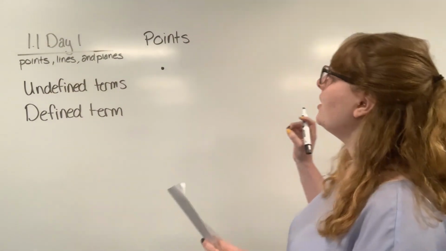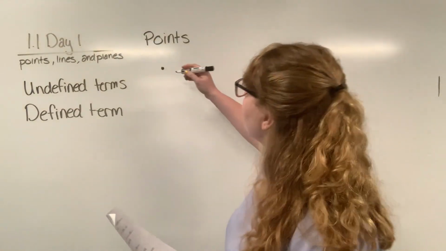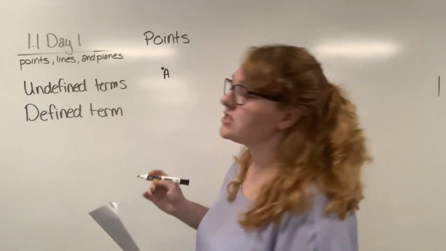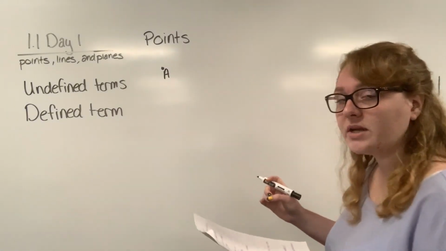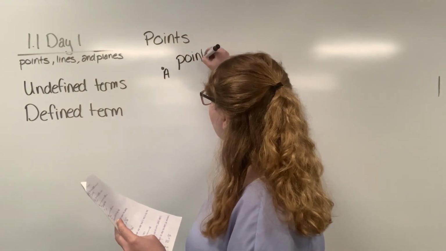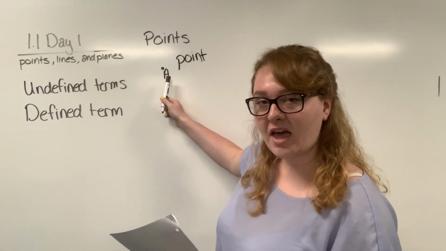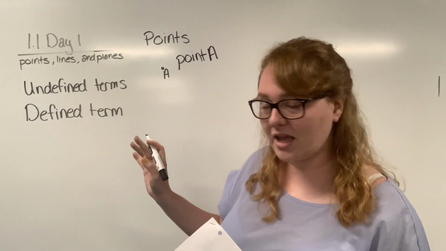Okay? Now, points have names. Okay? So if this point had a letter next to it, we are going to name that point. Okay? And the way that we do it is by writing the word point and then using that capital letter. So this point would be point A. Okay?